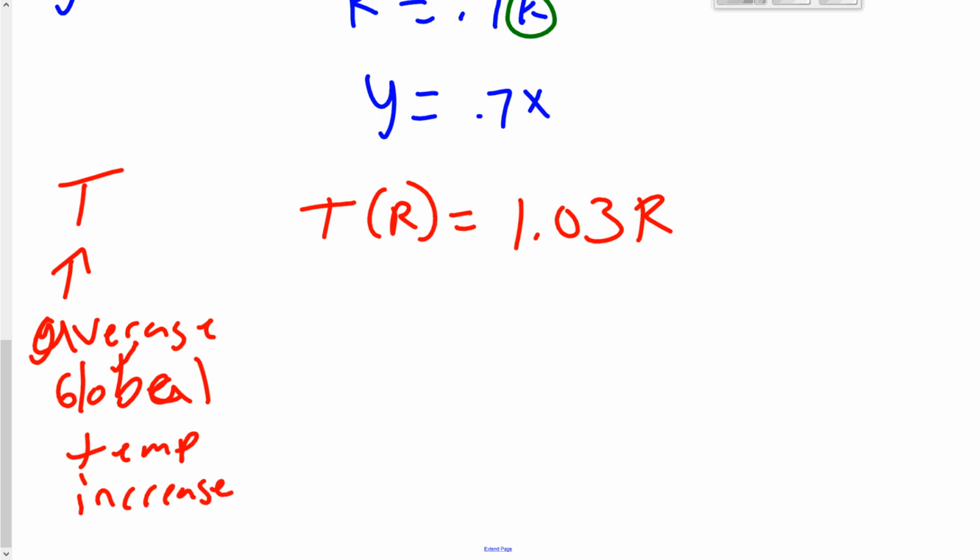Okay, so that's our global temperature increase, and T of R is our global temperature increase in relationship to R.